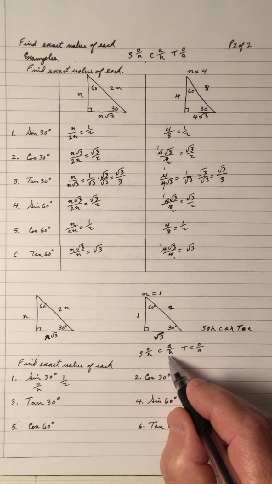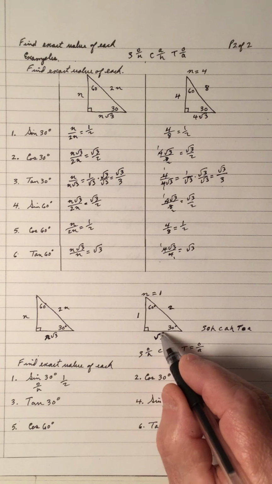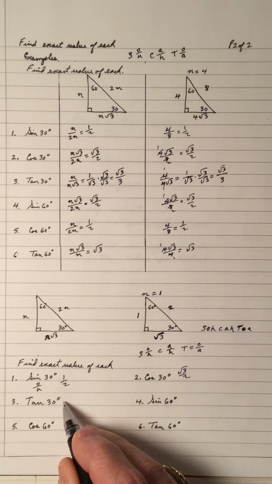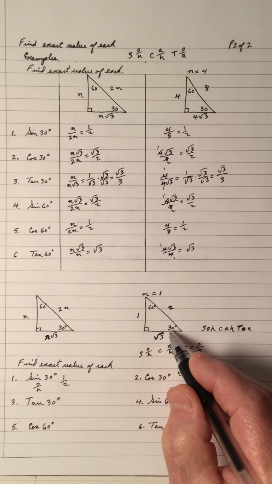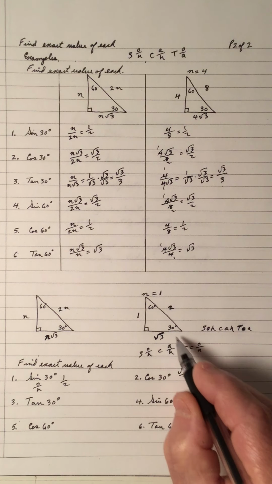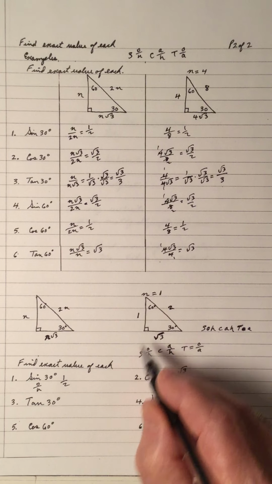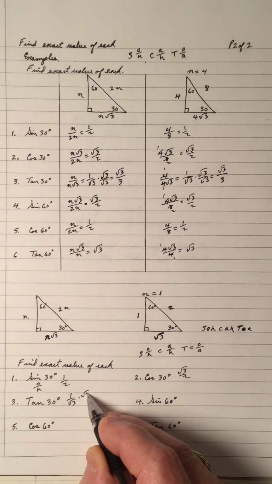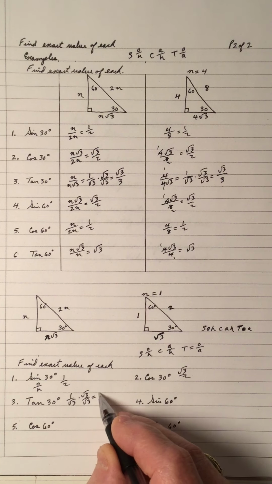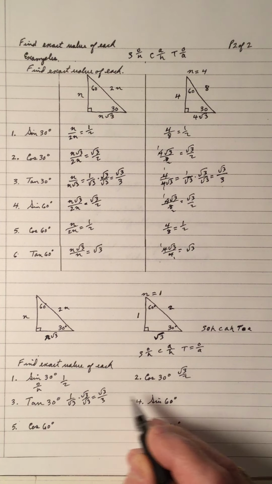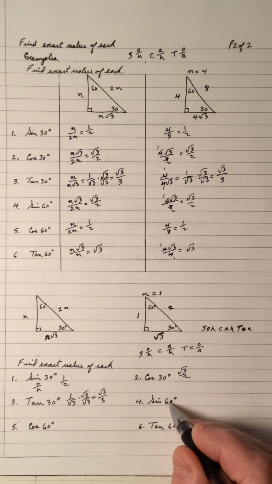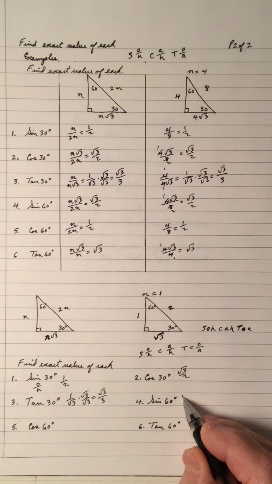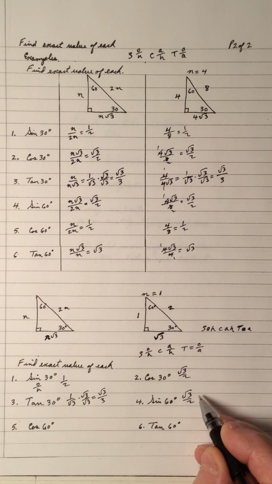The cos is the adjacent over the hypotenuse, which is root 3 over 2. The tan of 30, tan is opposite over adjacent, so it's 1 over root 3 times root 3 over root 3, which is root 3 over 3.